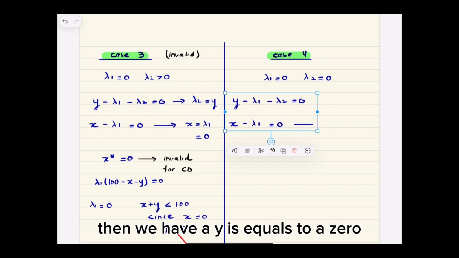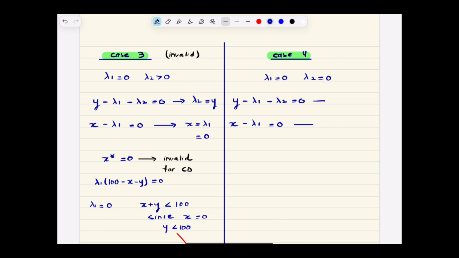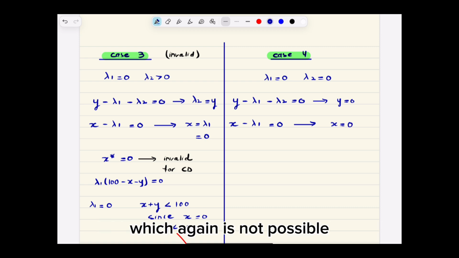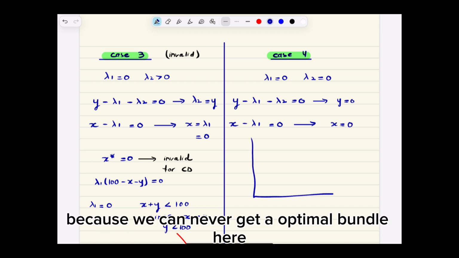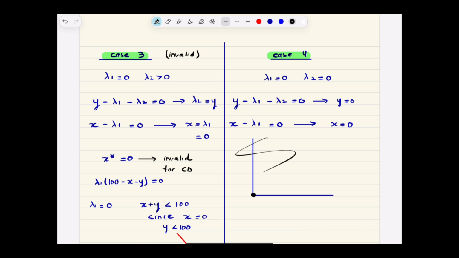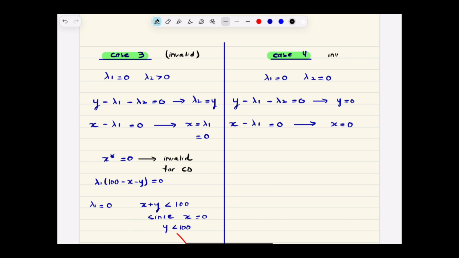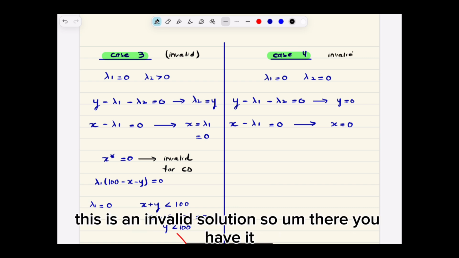Then we have y equals 0, and this would give me x equals 0, which again is not possible because we can never get an optimal bundle here. It's not a possibility. So this is an invalid solution as well.